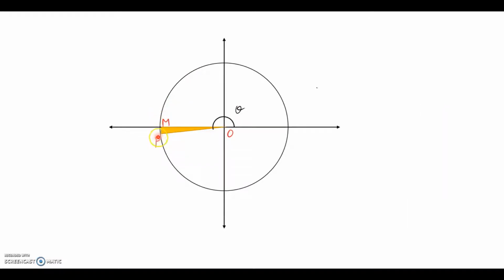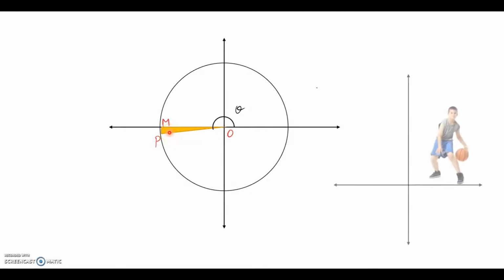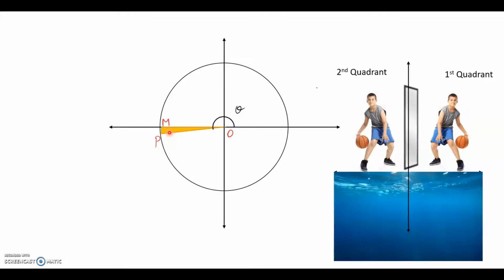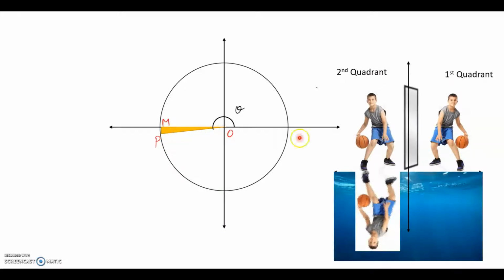Now I have pushed it into the third quadrant. When I push it into the third quadrant, this is our reference angle theta. This is the hypotenuse line which is being moved around, and we see an image being formed here, which we have explained as a double reflection of the image in the first quadrant.